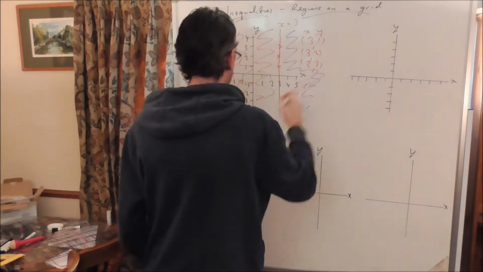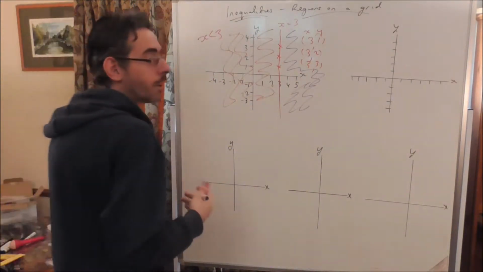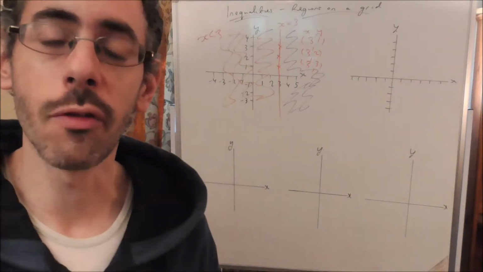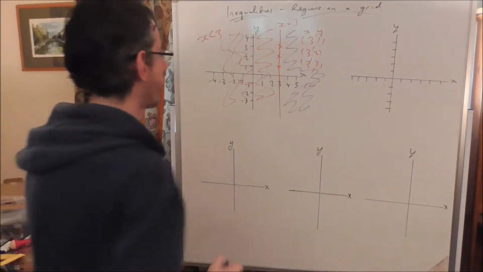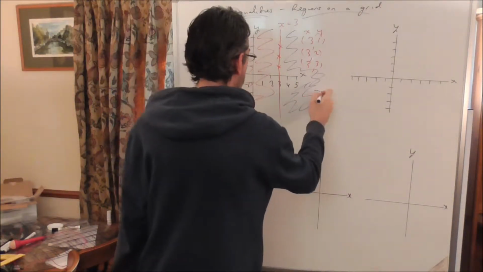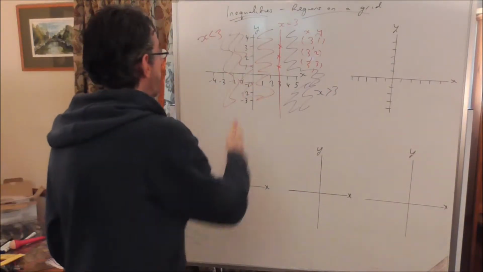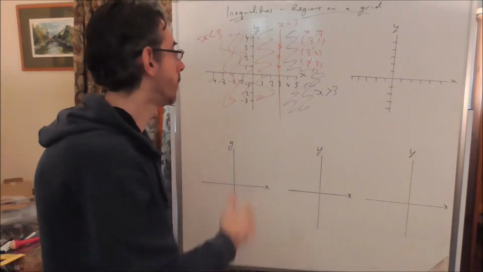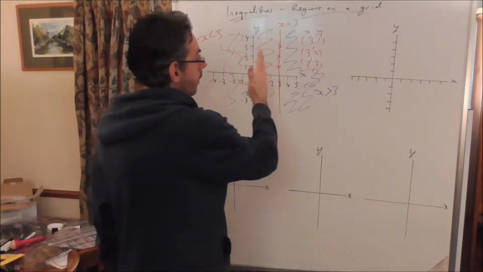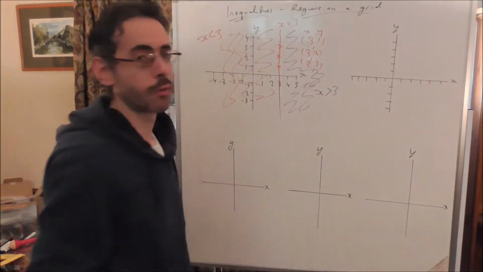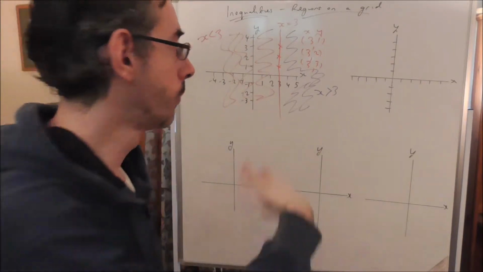What inequality can we use to describe that region? Well, points on that side of the line all have an x-coordinate greater than 3, so we can label the region x is greater than 3. So x equals 3 is the line, x is less than 3 on that side, and x-coordinates are greater than 3 on that side. Right, let's move on to the next grid.